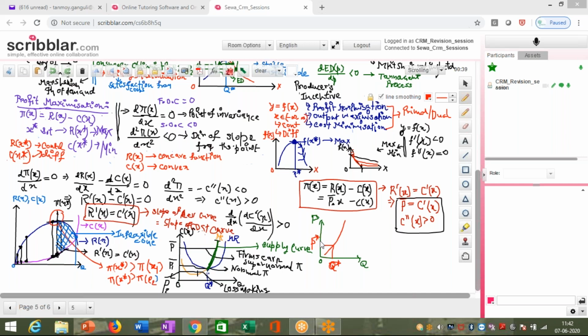Over here, as we saw, this is a certain price and quantity measure. Let me reconstruct this graph a little bit, as that will help me in explaining it further.